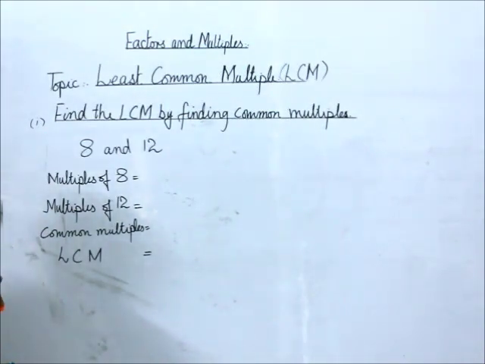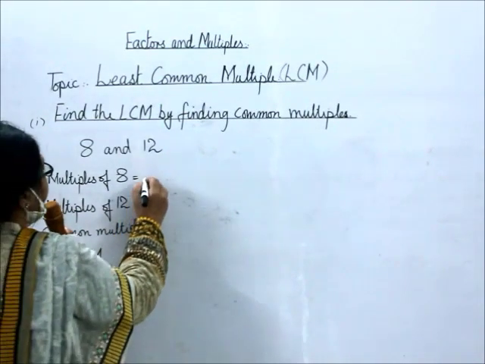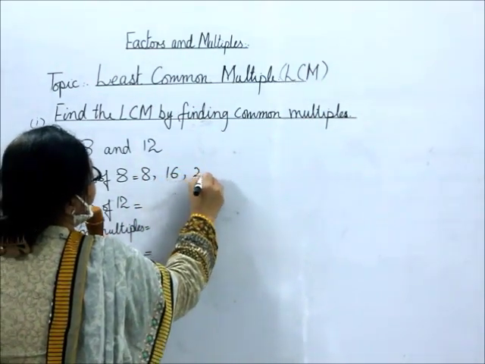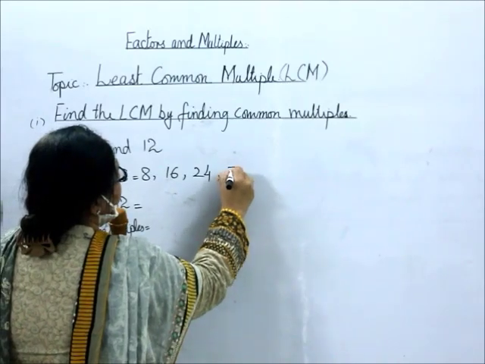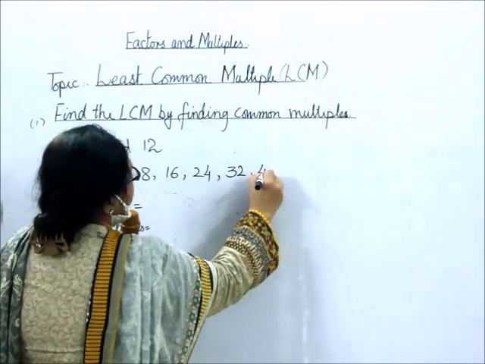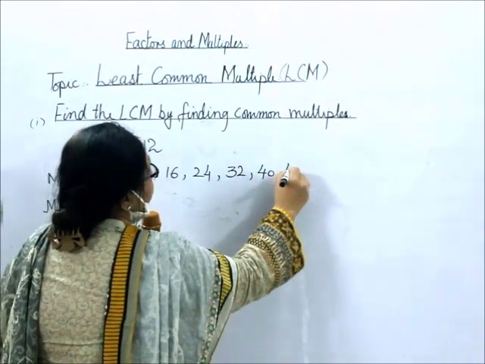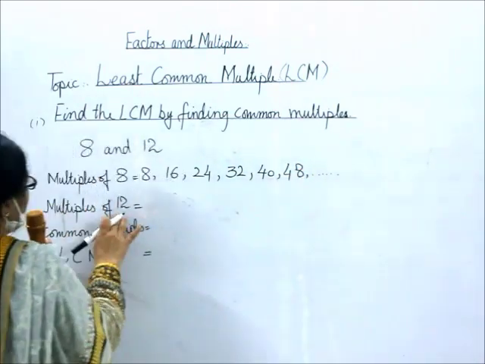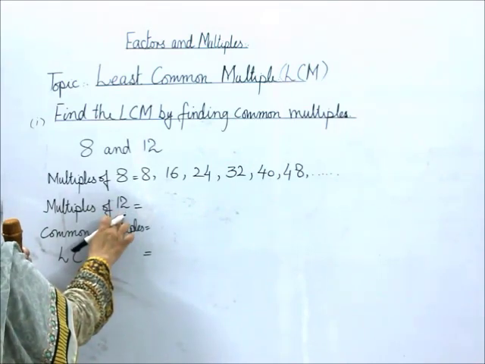Let's find the multiples of 8. 8 1s are 8, 8 2s are 16, 8 3s are 24, 8 4s are 32, 8 5s are 40, 8 6s are 48. I'm writing the first 6 multiples of 8, and again I'll write the first 6 multiples of 12.